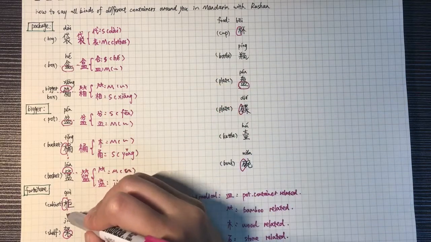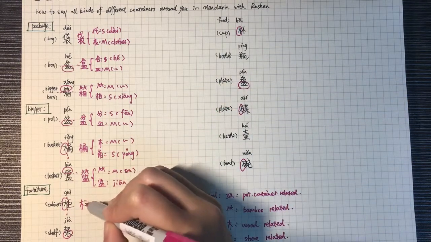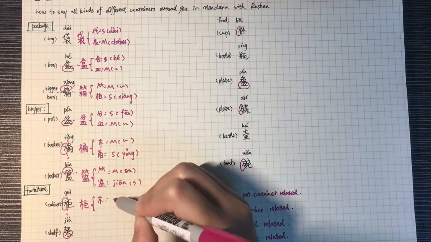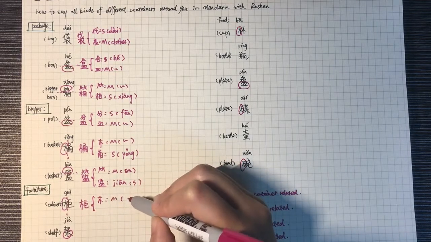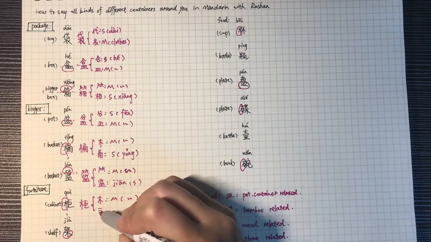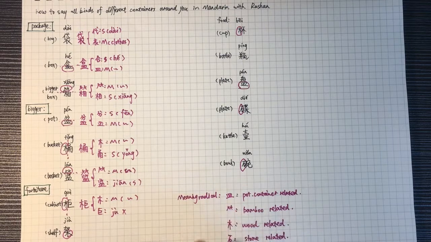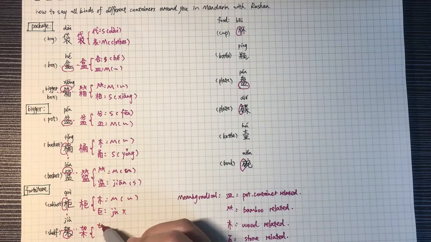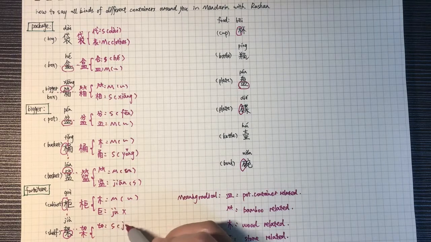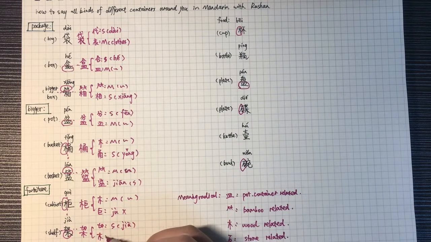Next one is a left-to-right structure. The left is a meaning radical, about wood, and the right is 句. It's not really a sound radical. Next one, top and bottom. The top is the sound radical, 加, and the meaning radical is wood.